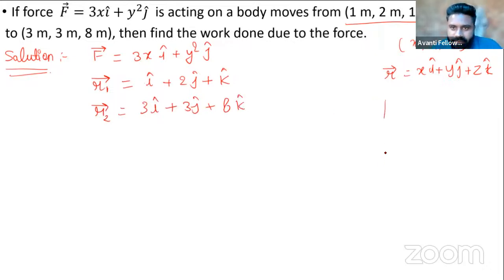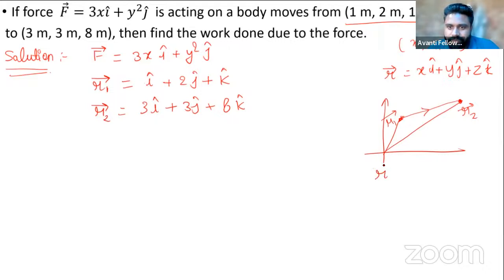Now, in the coordinate system, this is r1, the initial coordinate, and this is r2, the final coordinate. So what is the displacement? The particle has displaced from r1 to r2. So you need to find out the final displacement vector, which is r vector, and it is given by r2 vector minus r1 vector.